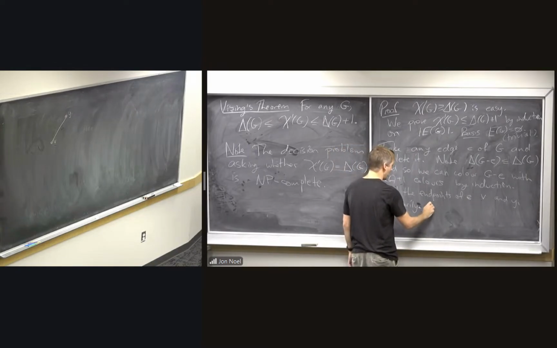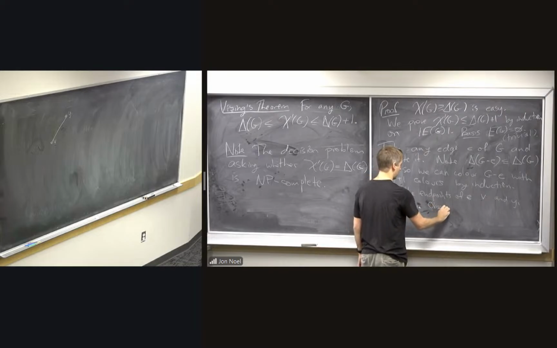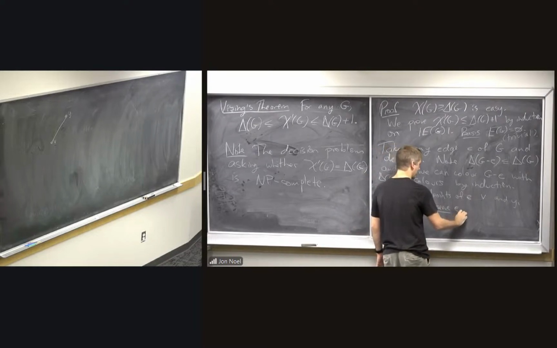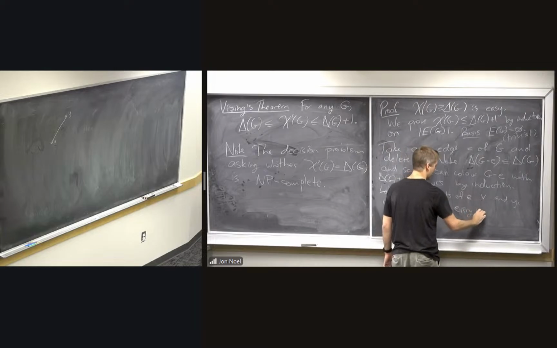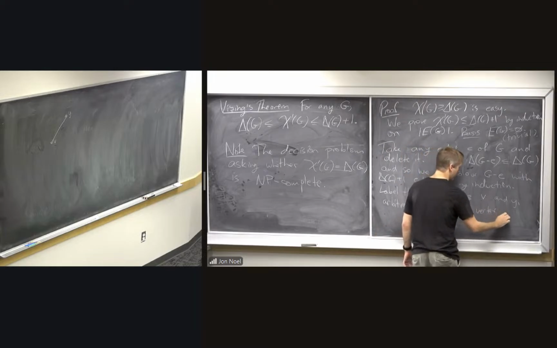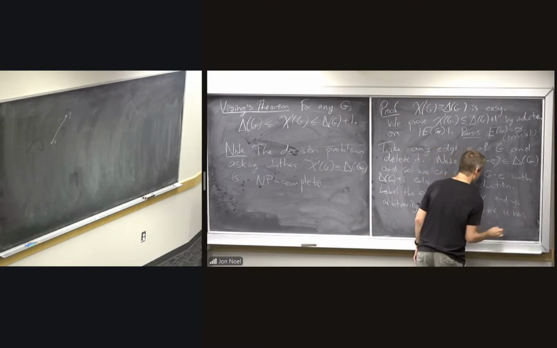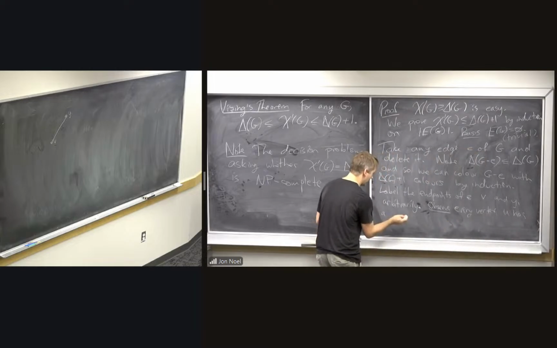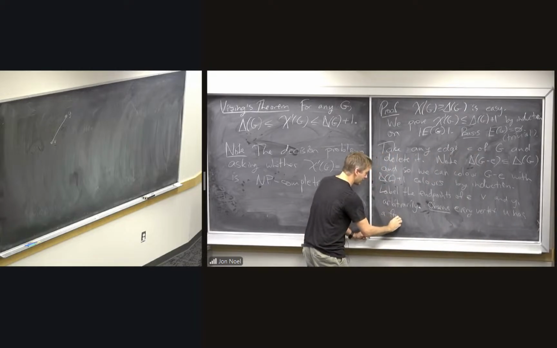So observe that every vertex U has what we can call a free color.